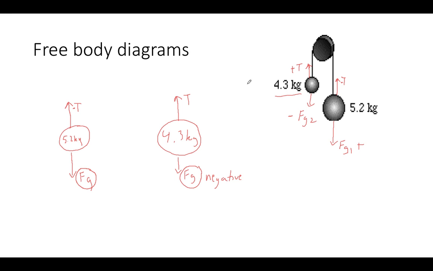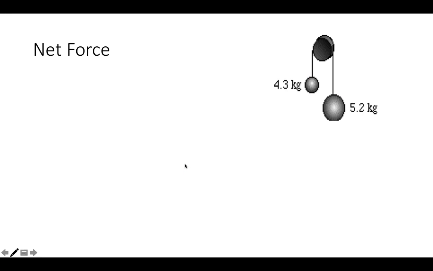Okay, so these are the free body diagrams. You have positive tension force pulling up on the 4.3 kilogram mass and a negative gravitational force pulling down on the 4.3 kilogram mass. We can write an equation for net force. So if we summarize the forces, there are four forces acting on this mass.